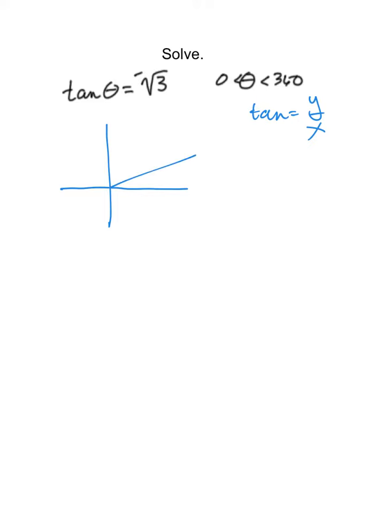So I think about it, and I notice that at my 30-degree angle, my coordinates here are the square root of 3 over 2, comma 1/2. At my 60-degree angle, the coordinates here are 1/2, comma square root of 3 over 2. So it's really one of those two places that will give me my reference angle.